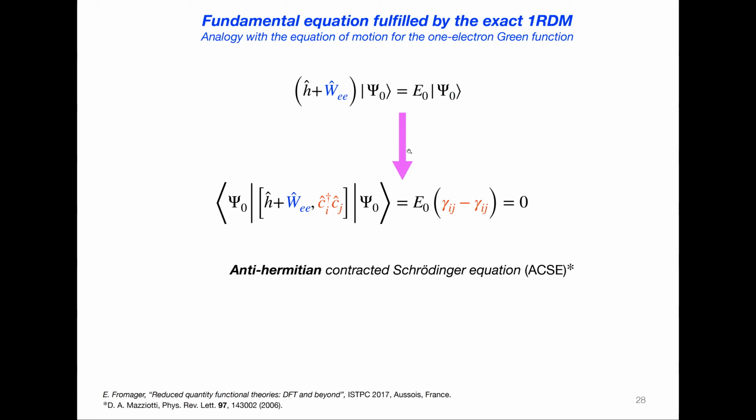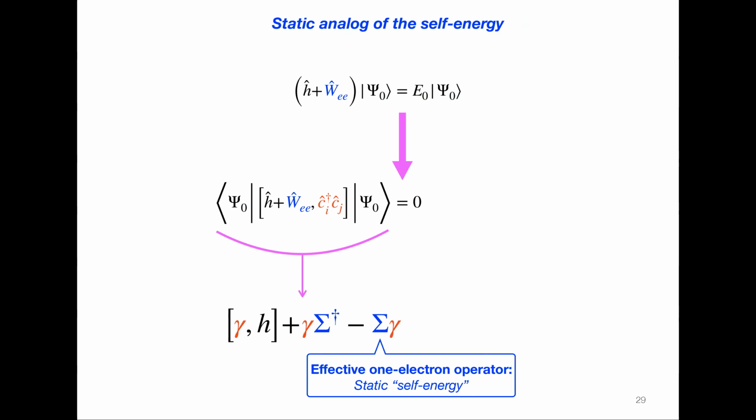Because now you evaluate the density matrix for the exact ground state, the anti-Hermitian part of this contracted Schrödinger equation is equal to 0. And this is why it's interesting. Now, if you cook it a little bit, you can take this simple form, where you recover a commutator of the 1 RDM and the 1-electron Hamiltonian, as you would expect for a non-interacting system.